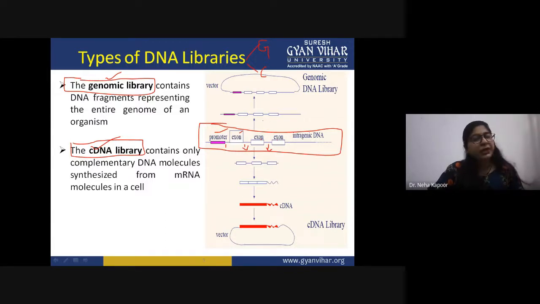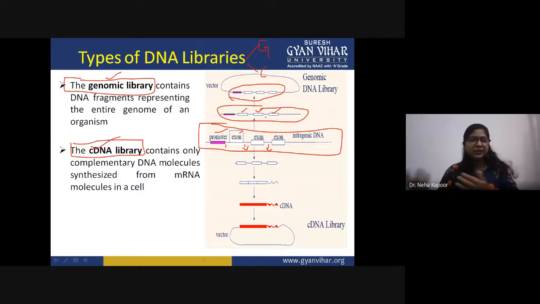Whenever you are constructing a genomic DNA library, this complete stretch, promoter along with exon 1, exon 2, exon 3, as well as introns, is cloned in a vector. After that, the genomic DNA library will contain a few intronic clones and a few exonic clones. So basically, it will represent the complete genome, whether coding or non-coding, whether beneficial for us or not.